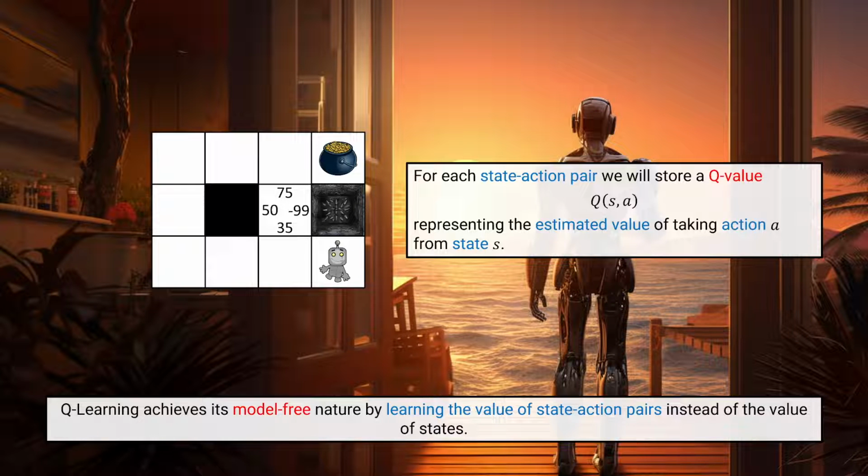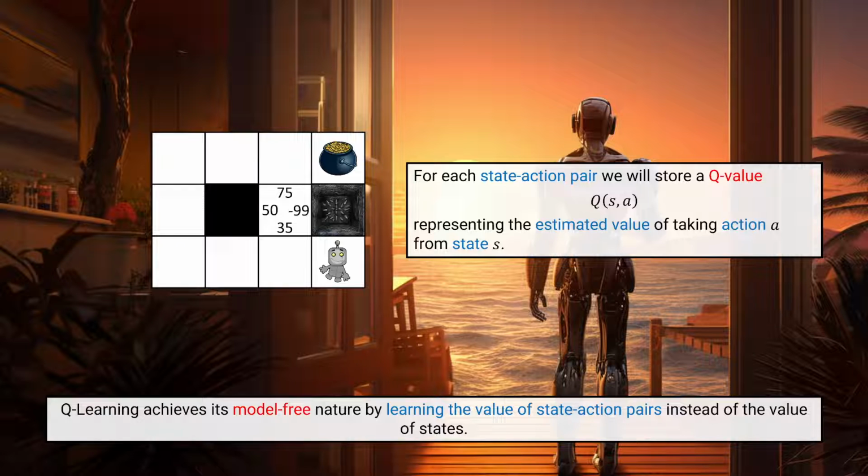So how is it that Q-learning is able to operate without having a model of the environment, without understanding the transition function and the reward function? Well, the way it does this is instead of trying to learn the value of states, the utility of being in a particular state, what it learns is the value of the action that got you to that state, or more specifically, the state action pair.